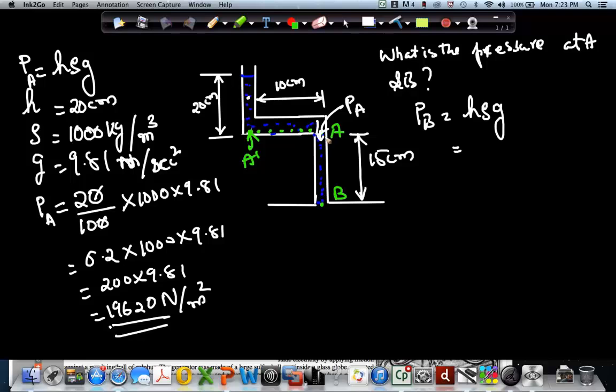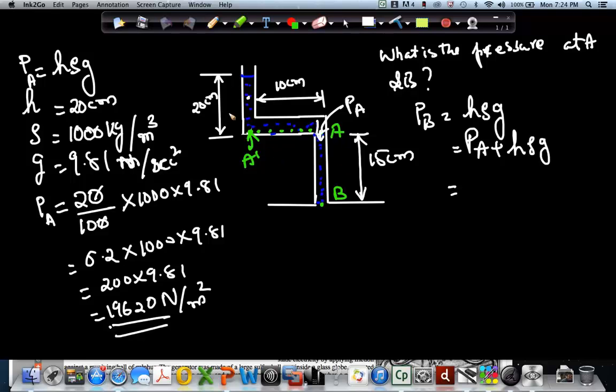So at point A there is pressure PA, and at point B it is PA plus the pressure exerted by this 15 centimeter liquid column. So in fact PB is equal to PA plus H rho G. What usually people do is see the total vertical height.